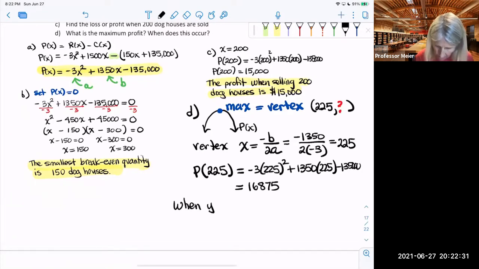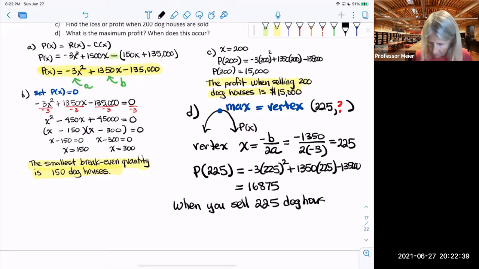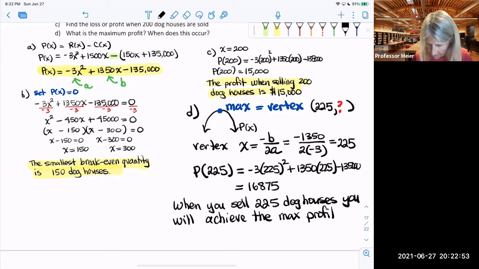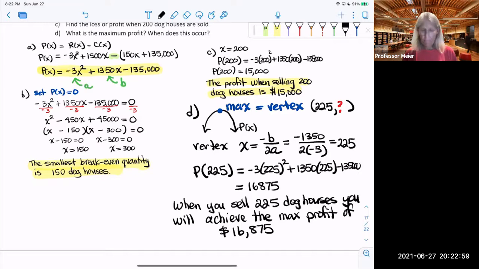When you sell, because you have to sell them to make profit, 225 dog houses, you will achieve the max profit of $16,875.